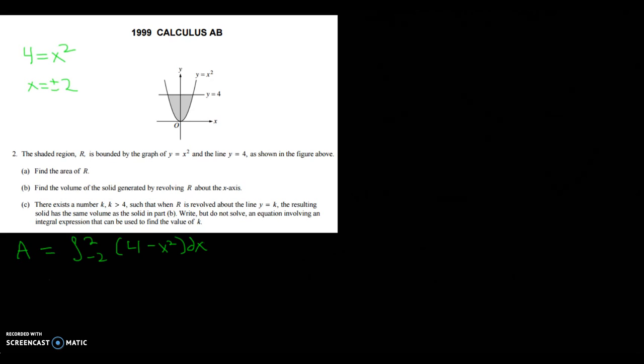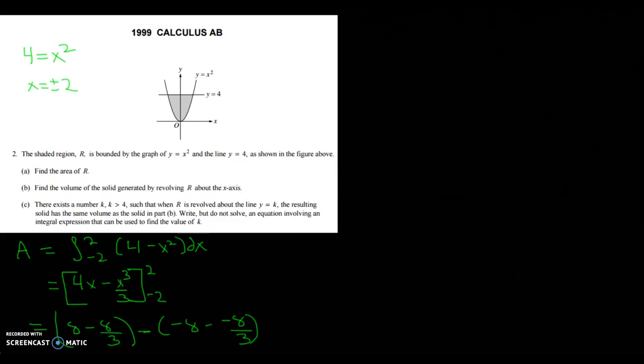dx. Now the antiderivative of 4 is 4x, and the antiderivative of x squared is x to the third over 3, evaluated between 2 and negative 2. Now you're going to get 8 minus 8 thirds, minus negative 8, minus negative 8 thirds.